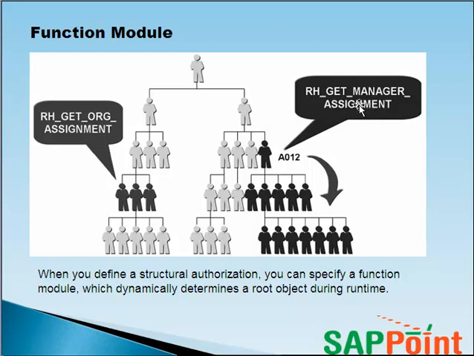Now this function module, RH get manager assignment, determines the root object of the organizational unit to which the user is assigned by the A012 relationship. A012 relationship is managers. So if a manager is defined as a chief in the org structure, he would have this relationship defined for him or her.